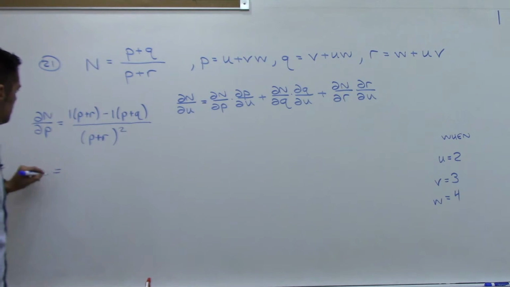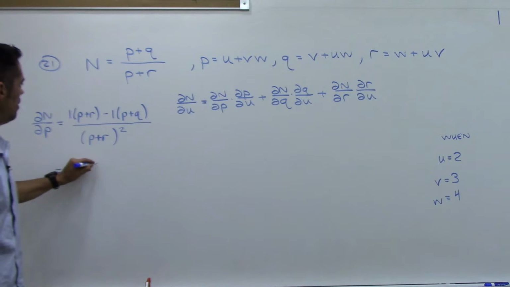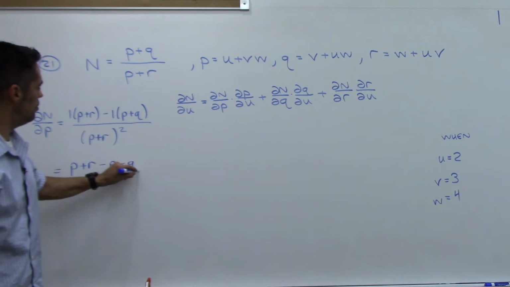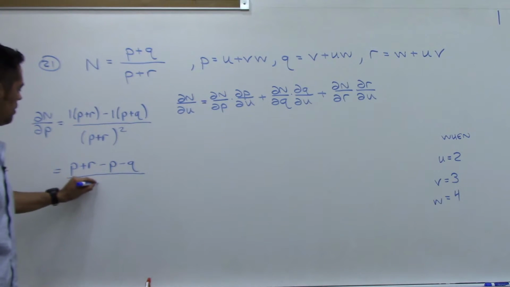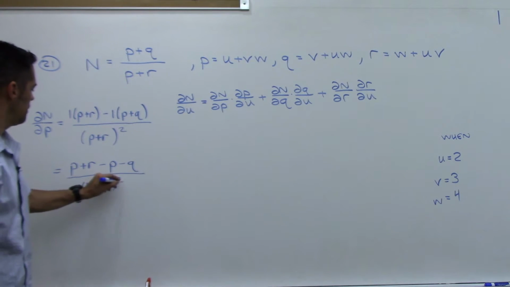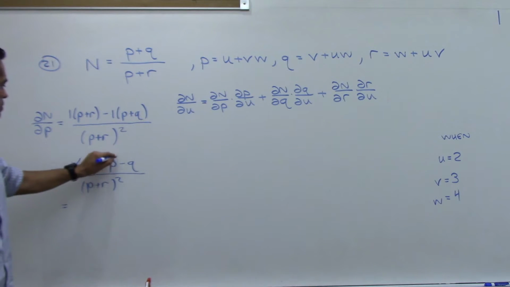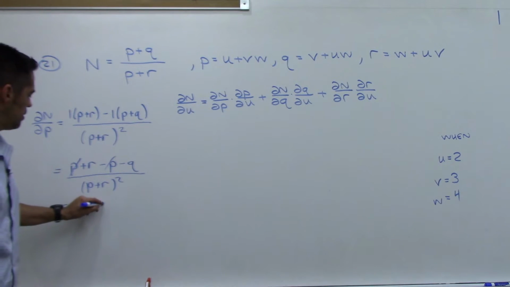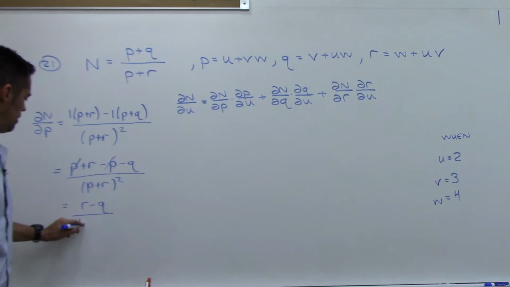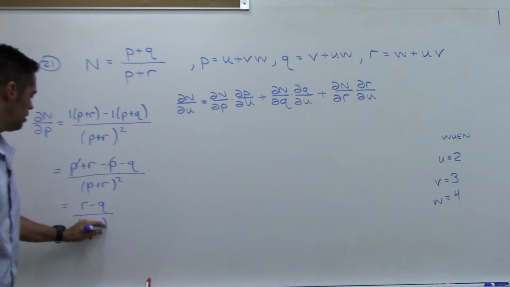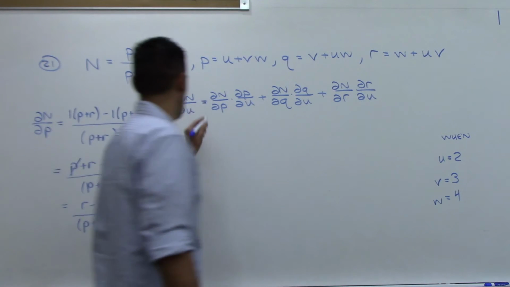Which equals, let me see, this is P plus R minus P minus Q all over P plus R squared, which is, boom, boom, R minus Q over P plus R squared. So that's this piece right here.